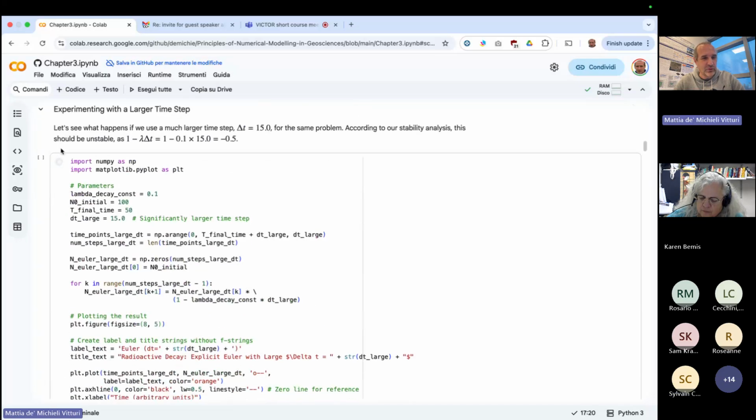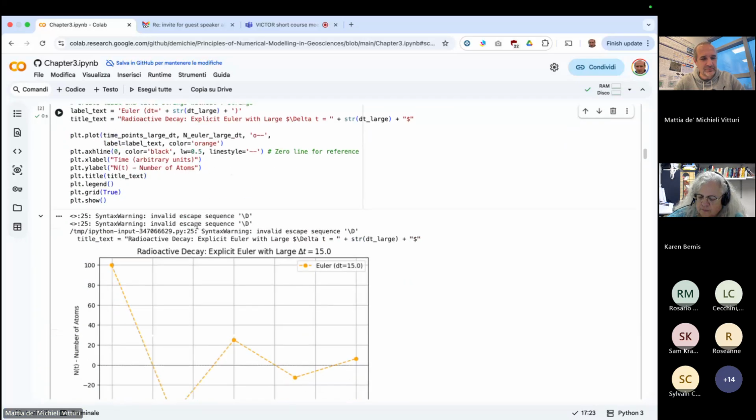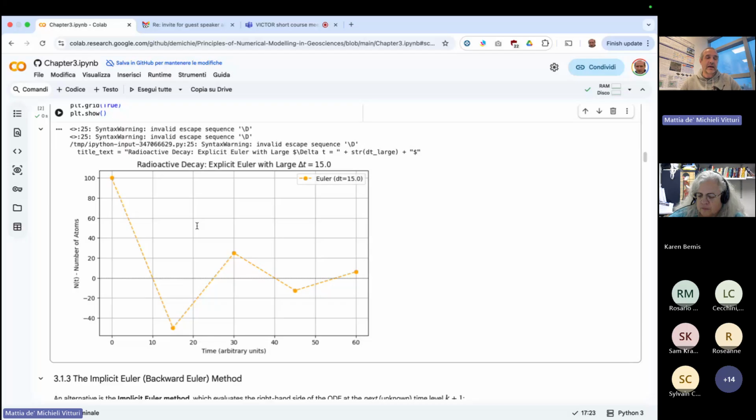So let's try to run this one. And we can see exactly what happened. We have the same initial slope, but by using this slope for a time step which is too long, we have a solution which is, well, we see that it's unstable because there are oscillations, but it's not just unstable, because what we are trying to compute is the number of atoms.